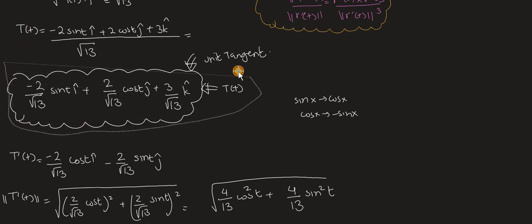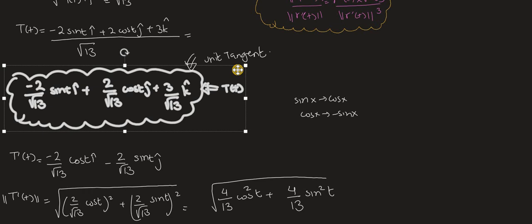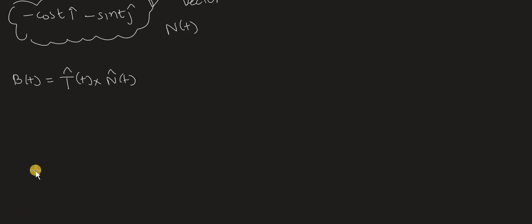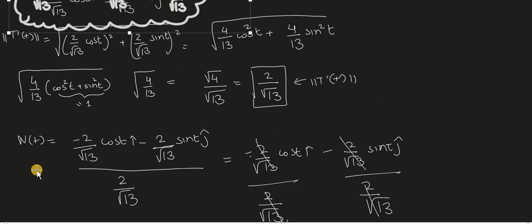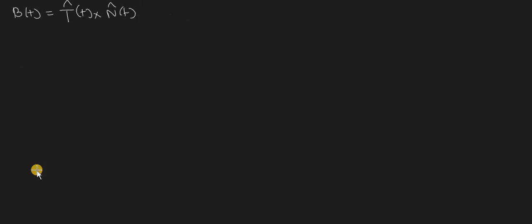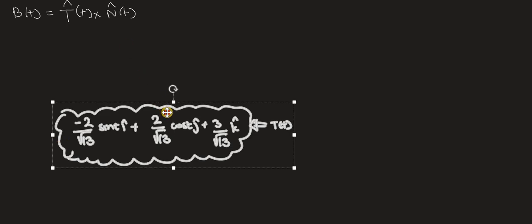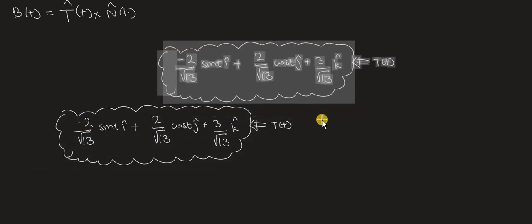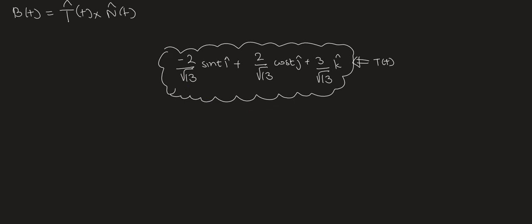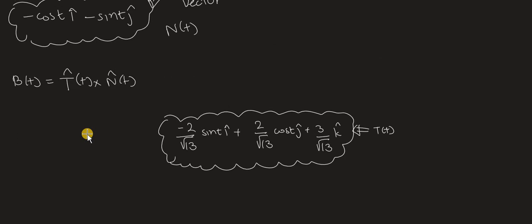Okay, so let me just select it, copy it, and paste it over here. So you know that the tangent vector is this one. So now this is the tangent vector and the normal vector.